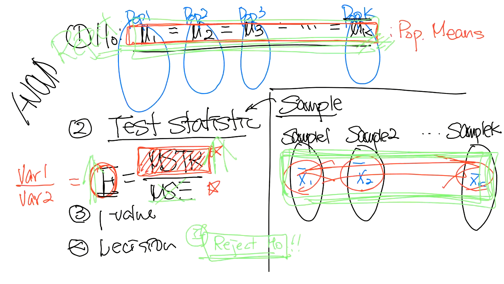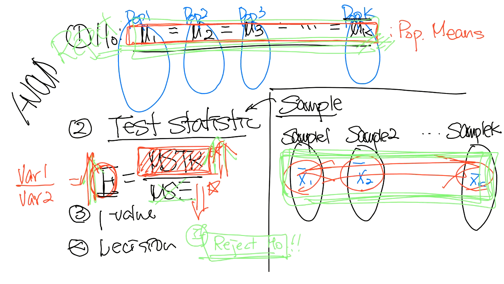So relatively, if the MSTR is bigger, or the MSE, the error term, is smaller, then absolutely we are going to get the bigger test statistic, the bigger F score, then we are going to reject the null hypothesis.